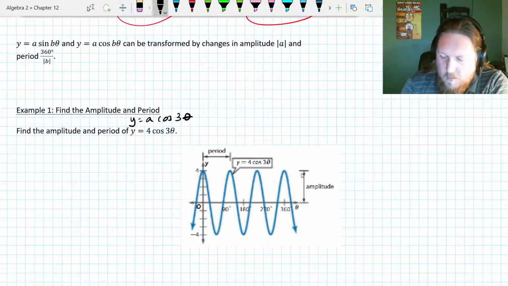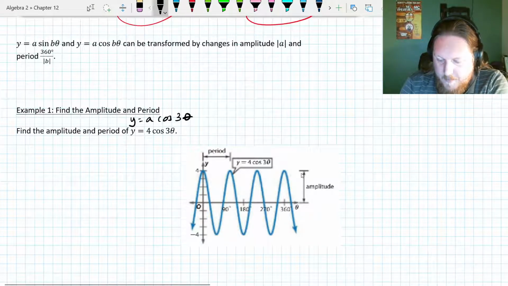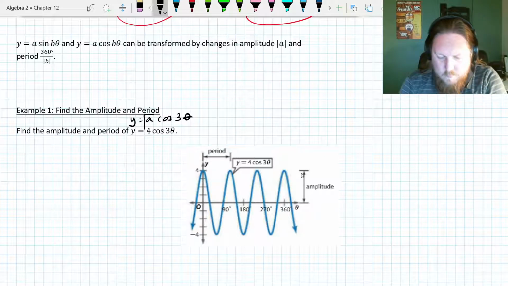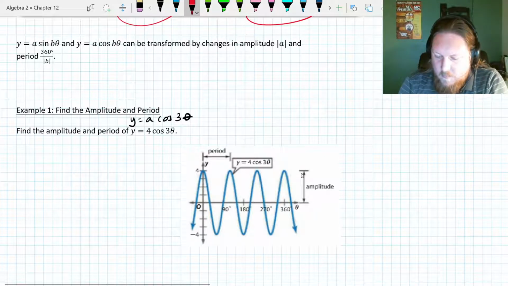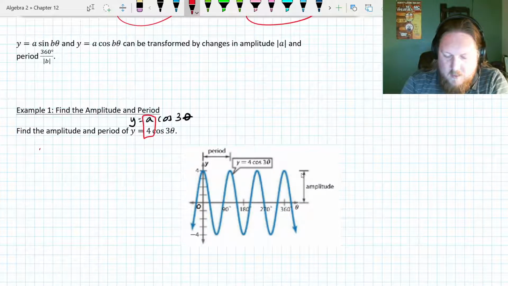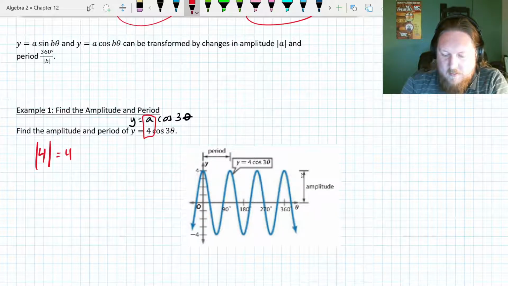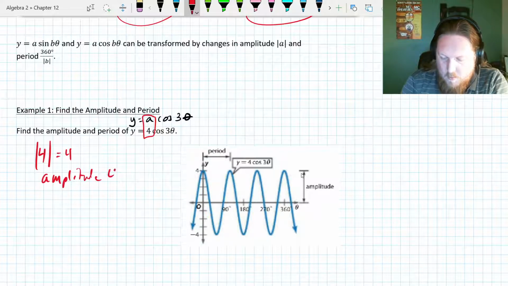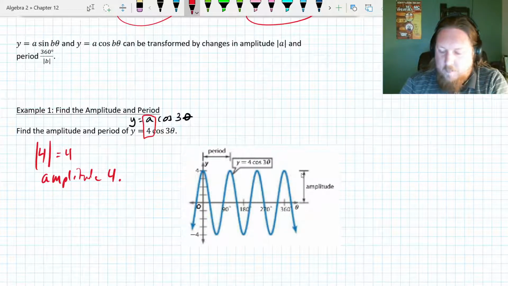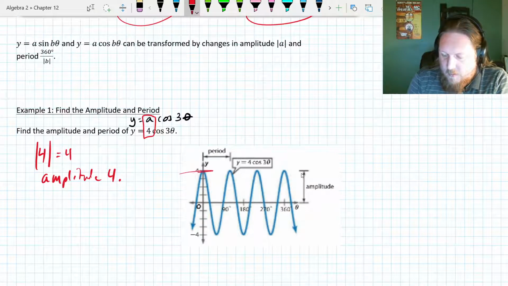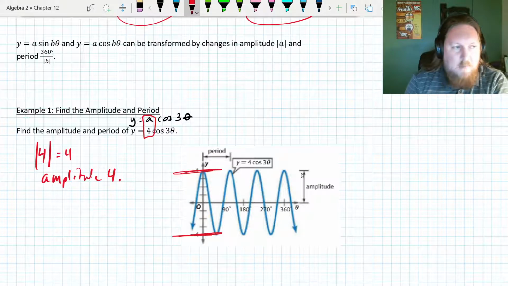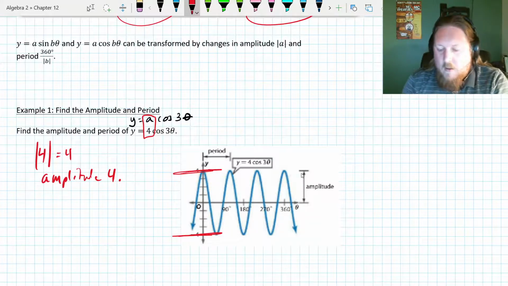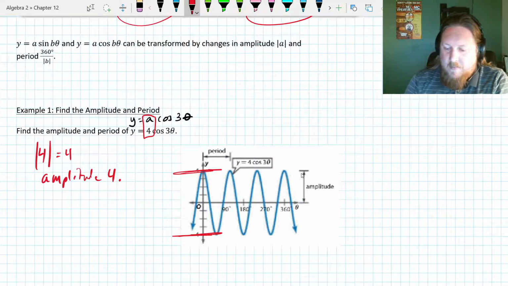So here's the idea. That a value is 4, so the absolute value of 4 equals 4. That is the amplitude. If you look on the graph here, you can see that 4 is the maximum and negative 4 is the minimum. That's how we describe the amplitude.